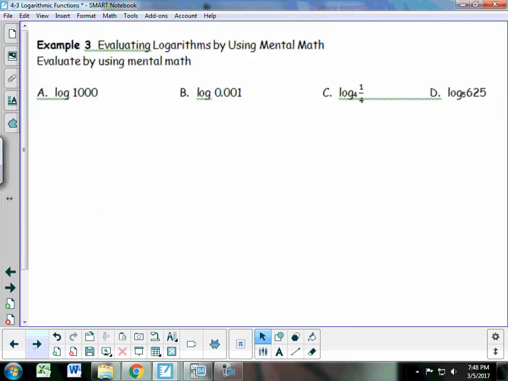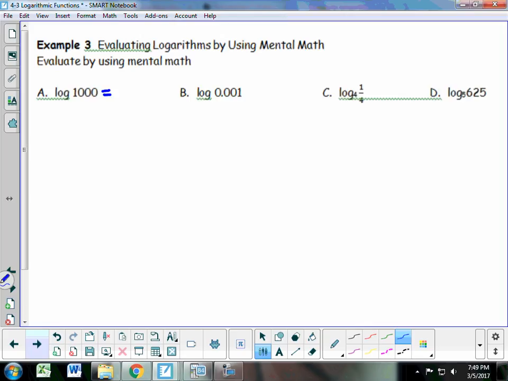All right, so let's try these using mental math. Now, you might need a calculator to just double check your work. Whenever we are doing these mental math ones, what I really want you to be able to do is convert these into exponentials first. So I want you to show that you can convert it, because we don't know what this is equal to, this log of 1,000.